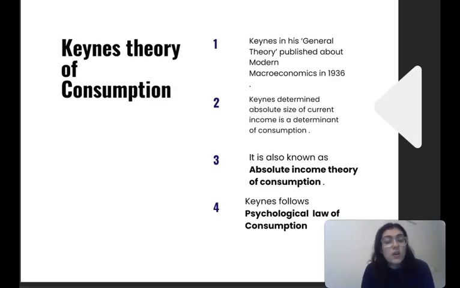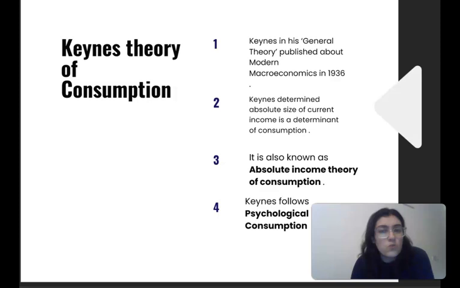He will surely increase his consumption, but not in proportion to the income. He will surely save out of it also. This is what the psychological law of consumption says, which Keynes followed, and this is what his absolute income theory of consumption also incorporates.